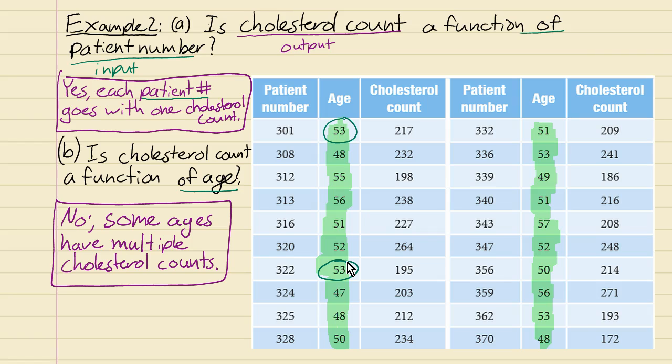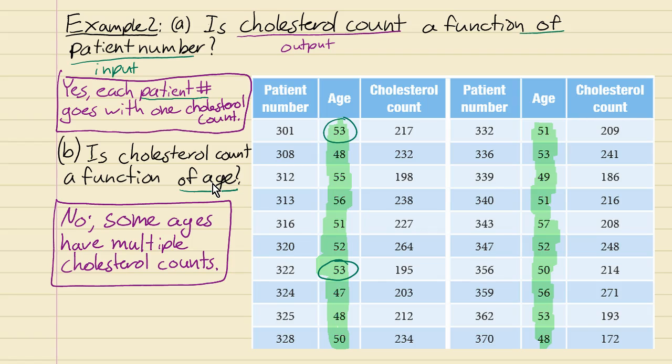Now you might be thinking, in regular everyday English, the answer to this question is maybe yes. Like, the older you get, the higher your cholesterol gets in general, I think. But in everyday English, when you say a function of age, it doesn't mean exactly the same thing as in math.